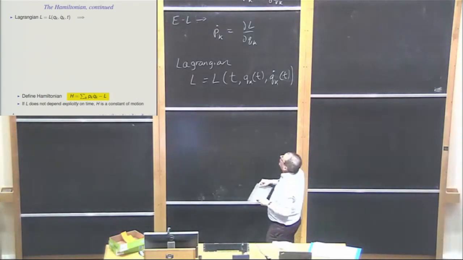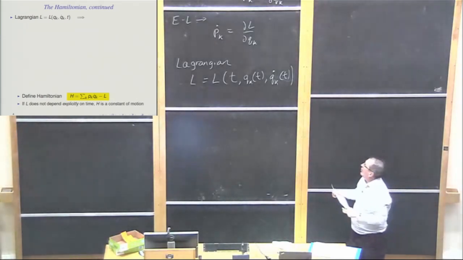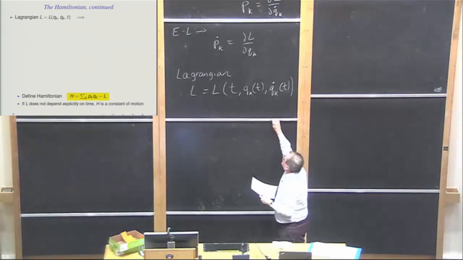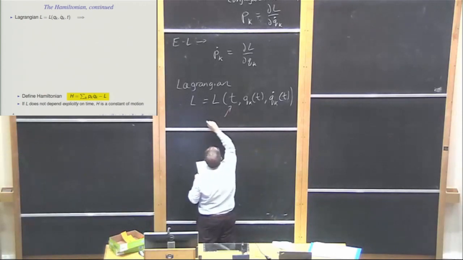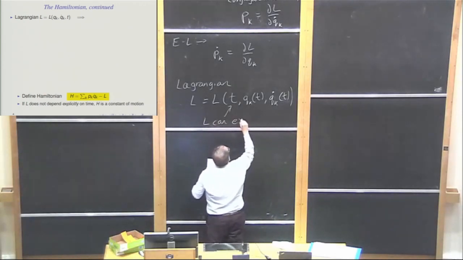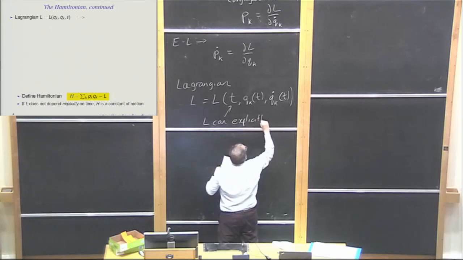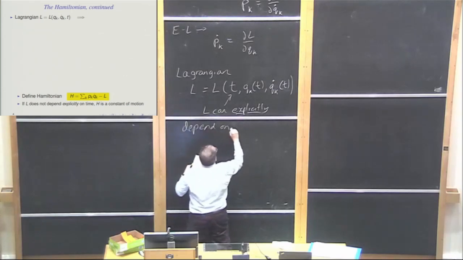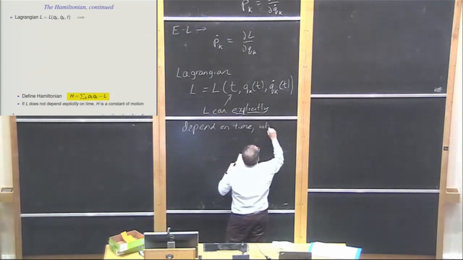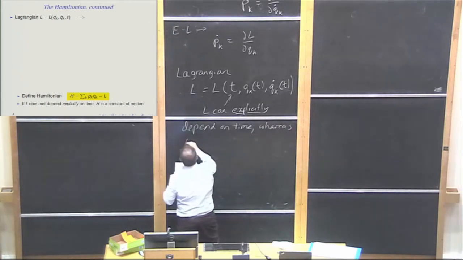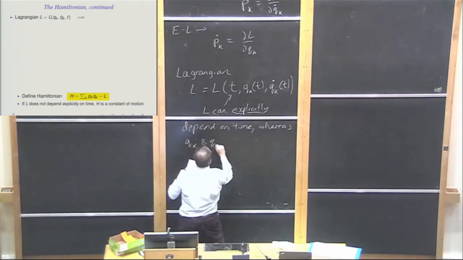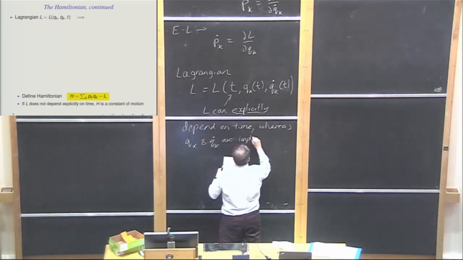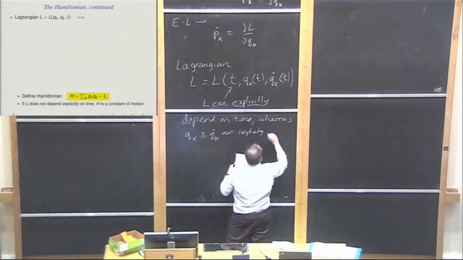Something which is possible, which I don't think we've seen in any example we've looked at, I might be wrong, is that the Lagrangian itself can also explicitly depend on time, whereas qk and qk dot are implicitly functions of time.